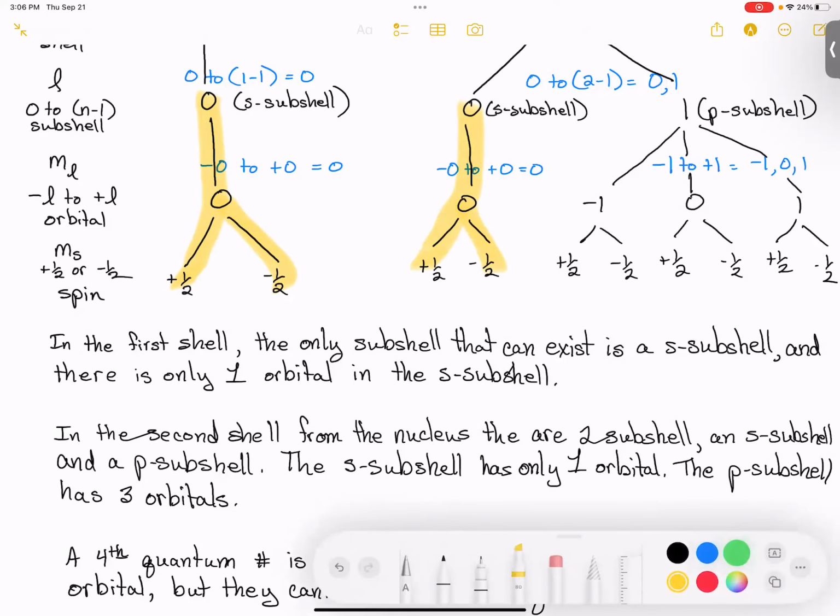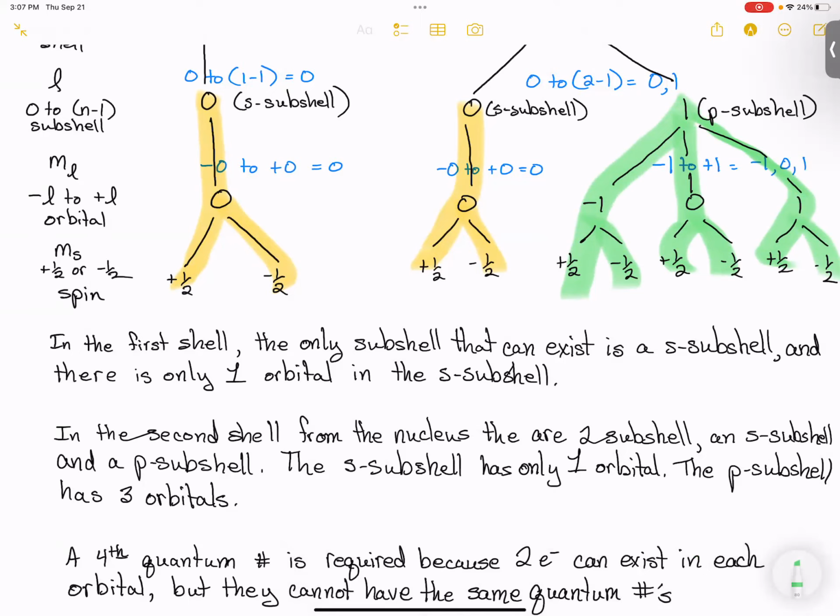If I get a P subshell, I can have 6. That actually is going to help us when we get into the periodic table.